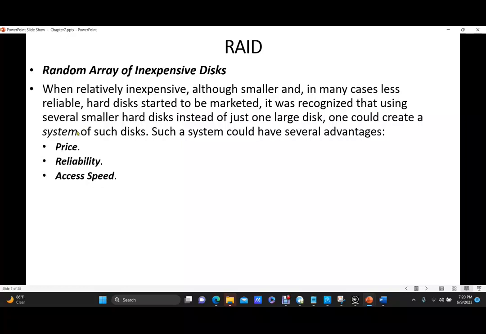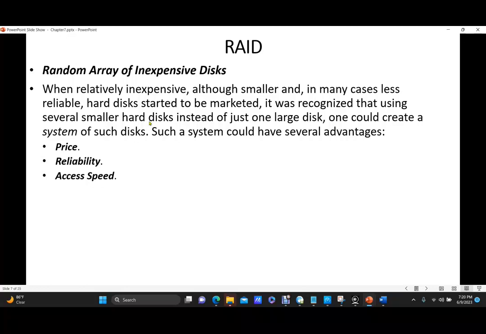People realized then that it was possible to create a system, put together several smaller hard disks instead of one big hard disk.